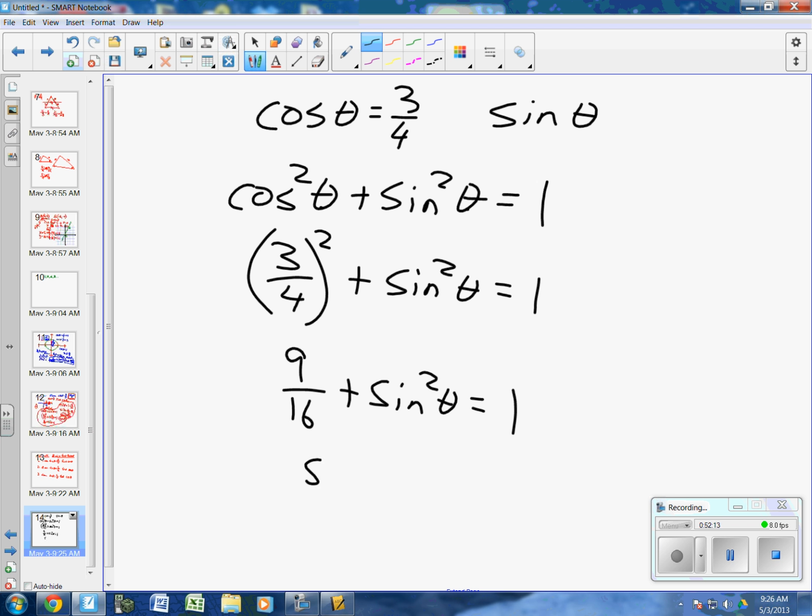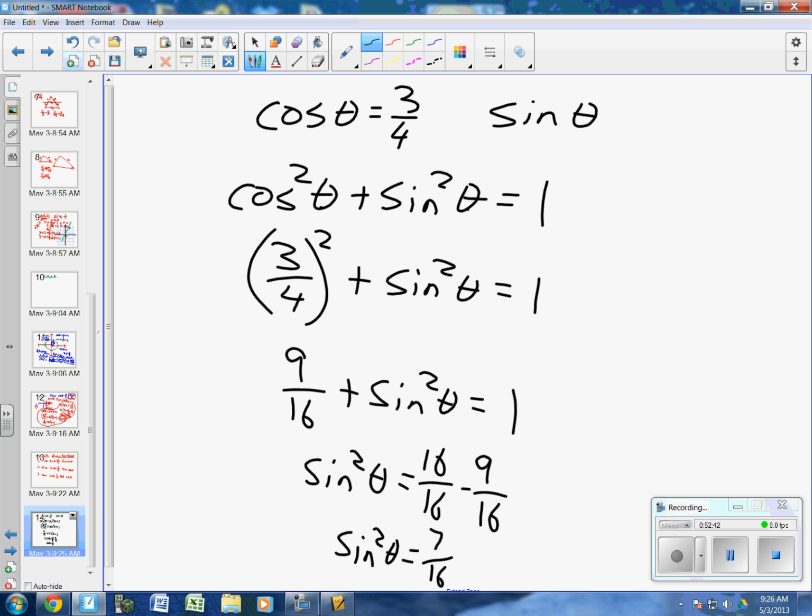Minus 9/16 from both sides, and I get sine squared of theta equals 16/16 minus 9/16. I kind of skipped a step. Do you guys see what I did? I just changed the 1 to 16/16 when I subtracted 9/16 from both sides. What's 16 minus 9, you guys? 7. So I get sine squared of theta equals what?